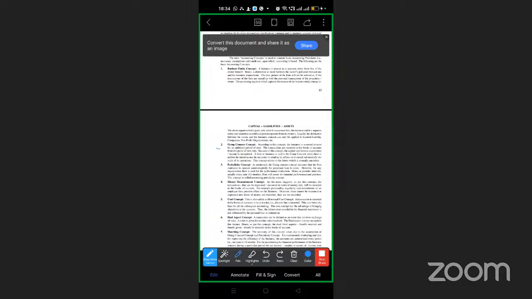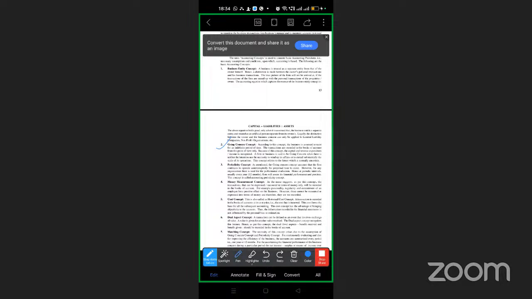Next comes the going concern concept. This concept says that whichever business you start, it should be started on the assumption that the business will run forever.